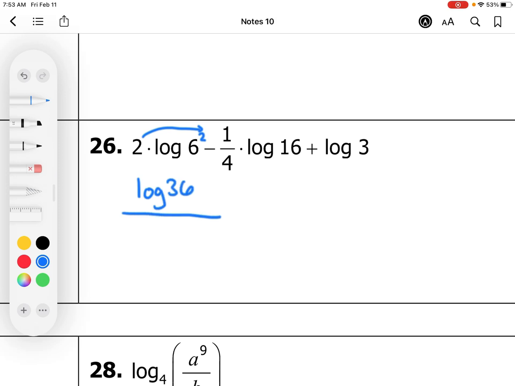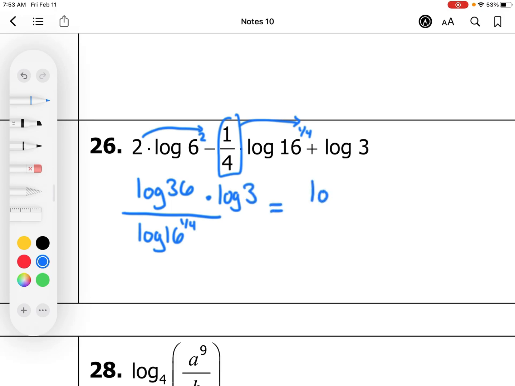And then we have subtraction, which means we're going to divide. We're going to divide by log 16, but then remember that 1/4 is now the exponent here, so 16 to the 1/4. And then we have plus, which means we're going to multiply. Whenever we see plus, you're going to multiply it on top of a log 3.